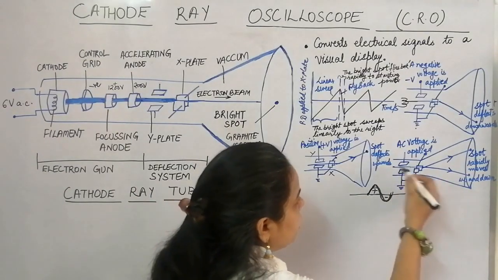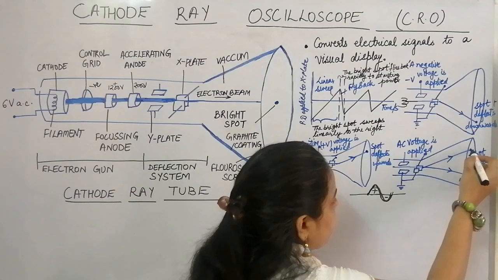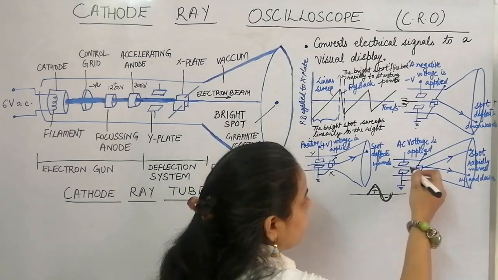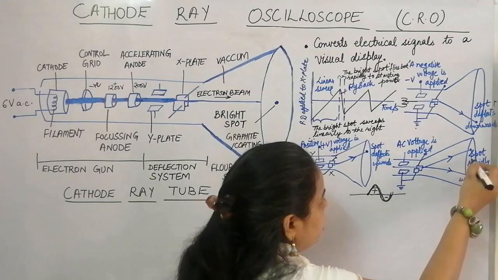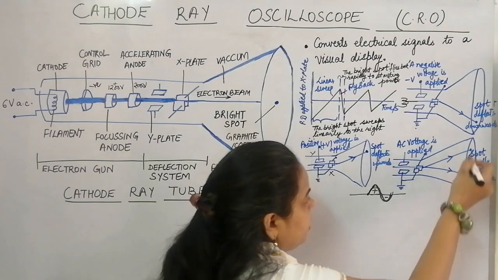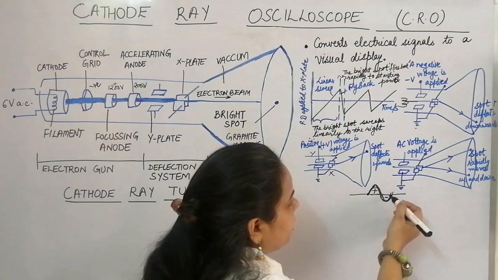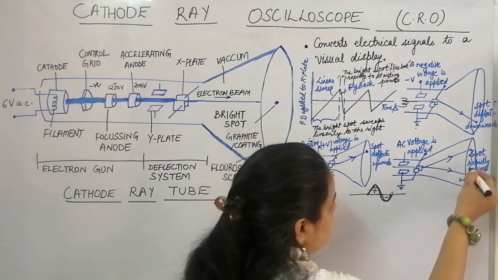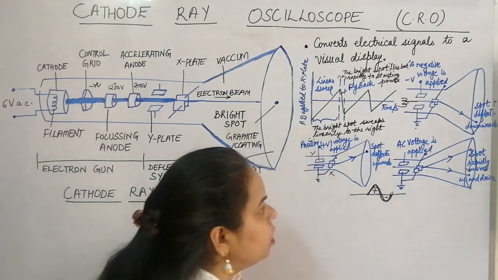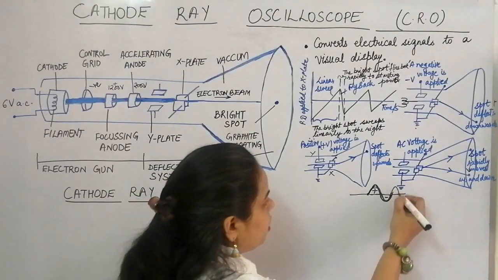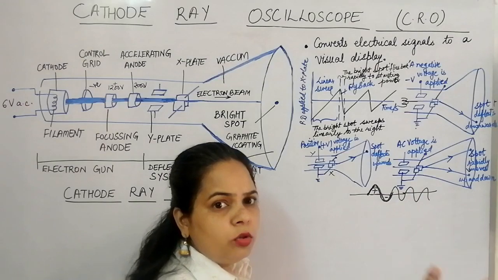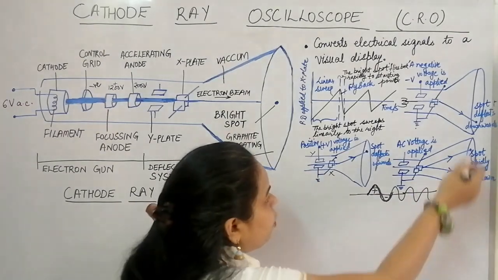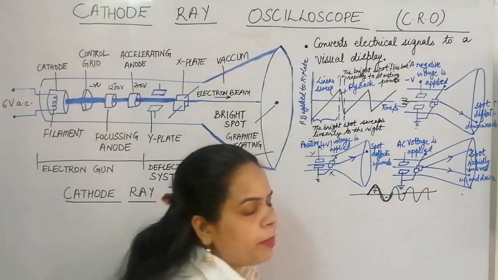When the plates have a positive value, the spot will be upward, and as the magnitude of the voltage increases or decreases, the spot will move up and down. When it goes to the negative voltage, the spot will move to the negative side. Since an AC voltage is continuously changing its magnitude and direction, the spot will be rapidly moving up and down.